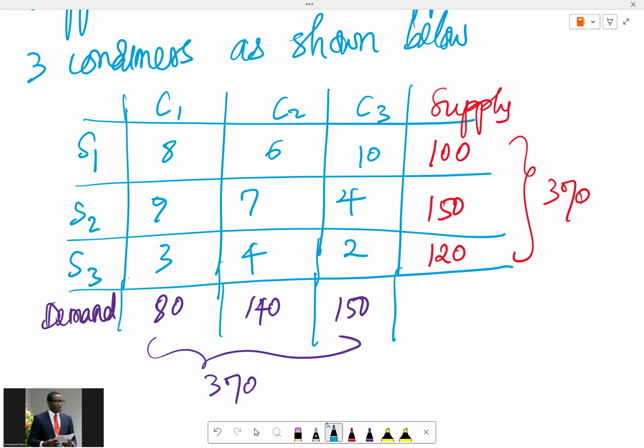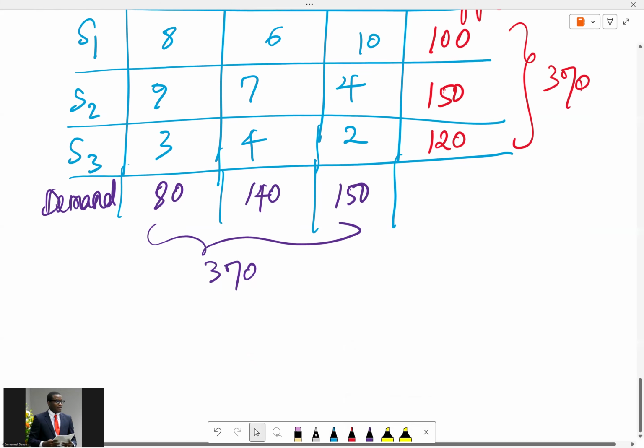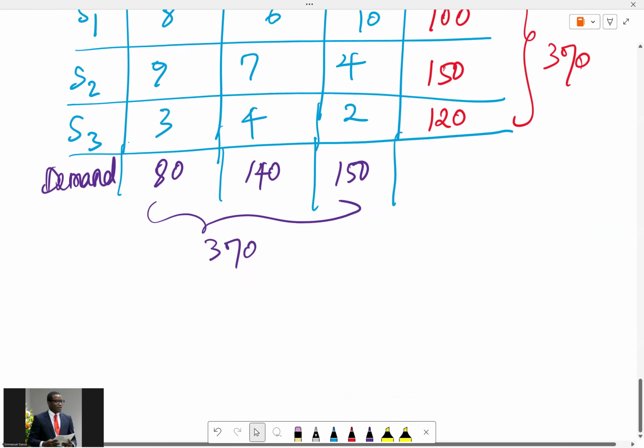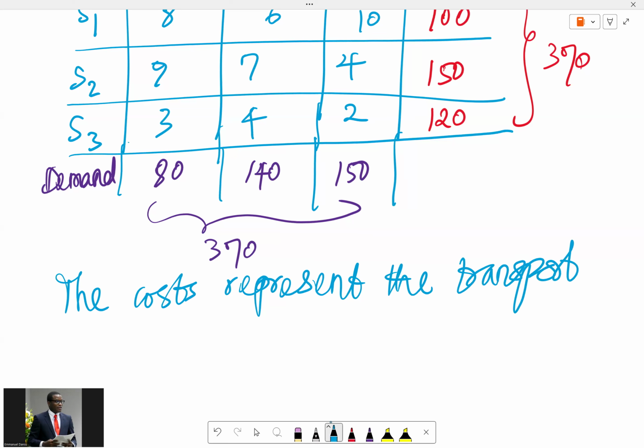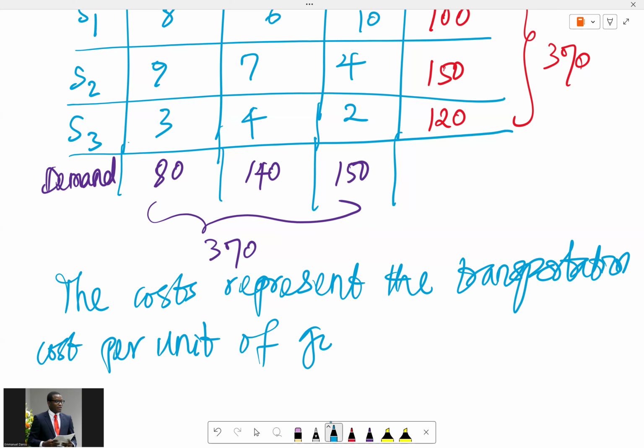And from that table now, of course, the costs represent the transportation cost per unit of goods. Okay.